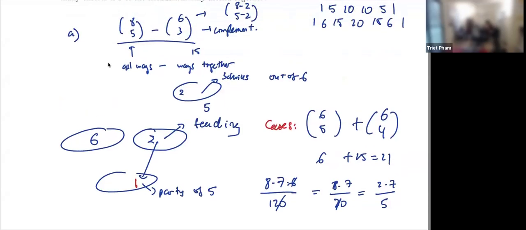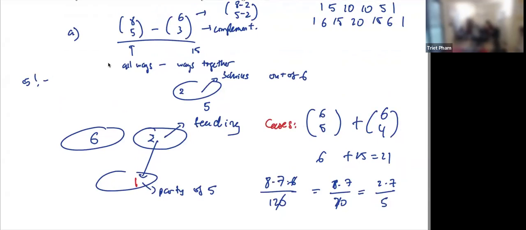Hold on. 8 choose 5. This is correct. 6 cancels with 120, giving me 20. Cancel with 4, giving me 5. But why is this not correct? So 5 factorial is exactly 120, right? 2 times 3 times 4 times 5.